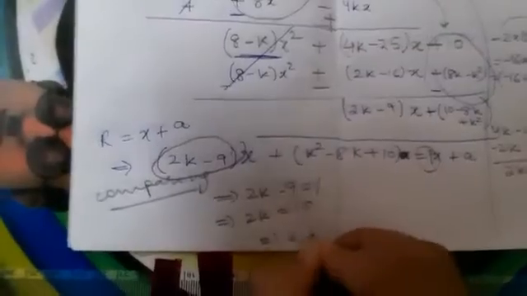Now this x plus a can be put as 1x plus a. So comparing, when you compare coefficient of x, this side it is 2k minus 9 and this side it is 1. So this gives me 2k minus 9 is equal to 1. Solving it, 2k is equal to 10, k is equal to 5. So I have got value of k.